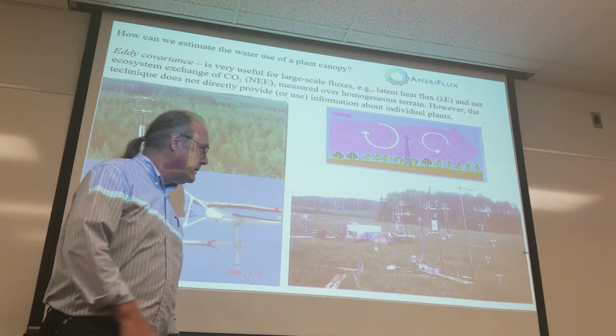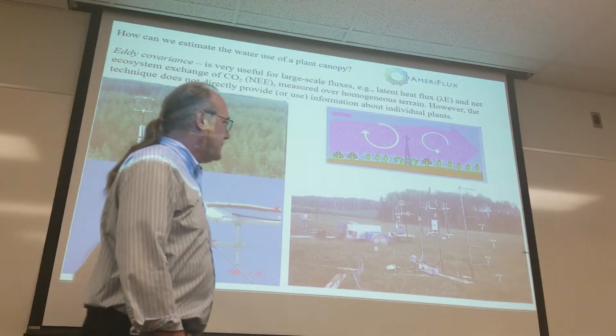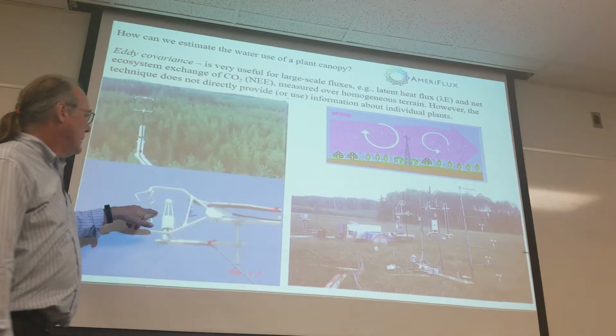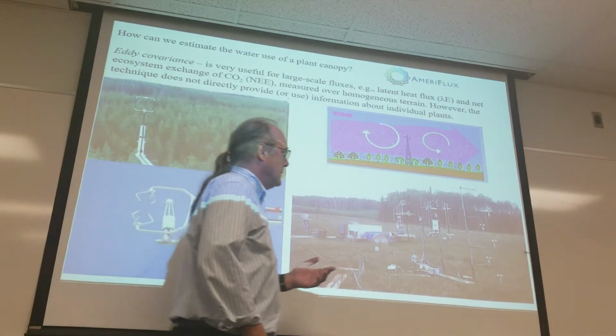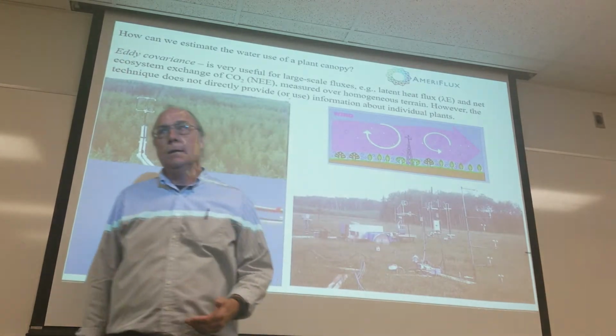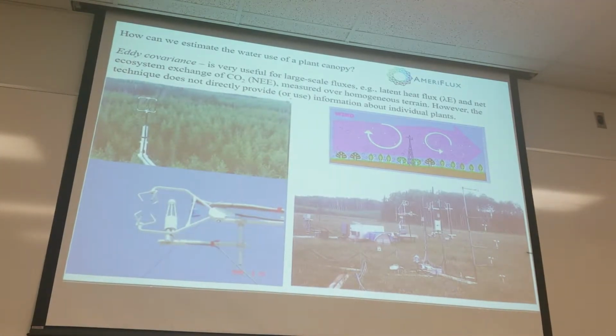Nitrous oxide is still in the future, because getting a nitrous oxide sensor that you can measure at 10 or 20 hertz is not easy. Methane has a concentration of about 1 part per million in the atmosphere. Water vapor is 2-3% of the air, so there's a lot of water vapor to measure. That's fairly easy.